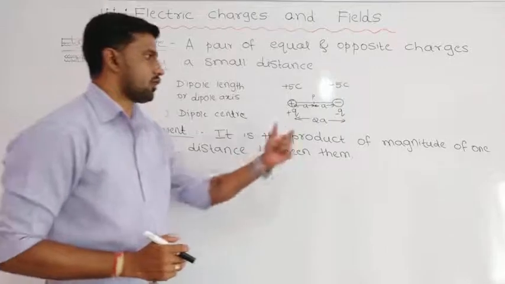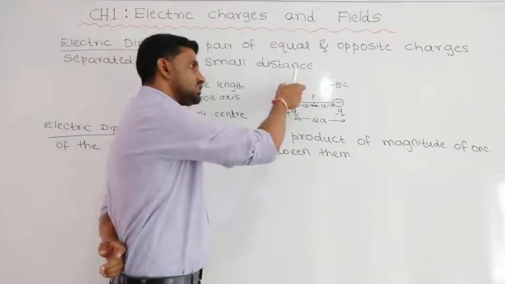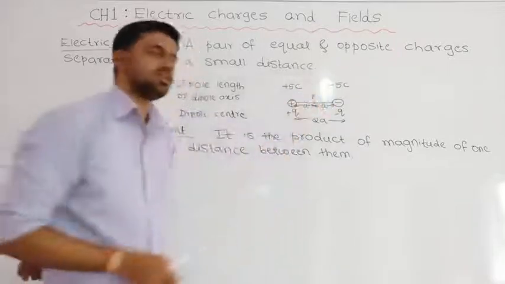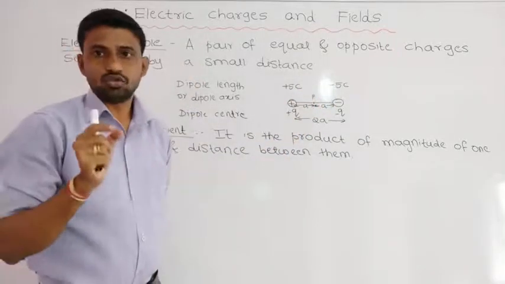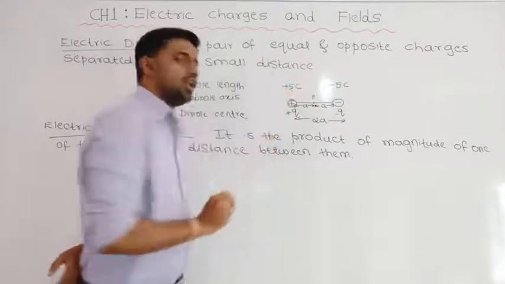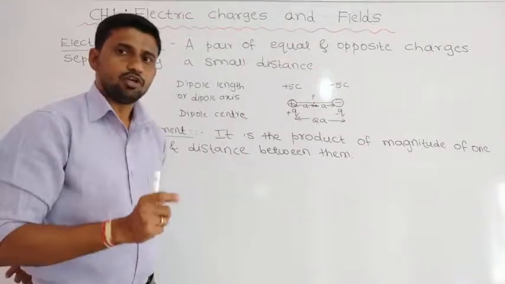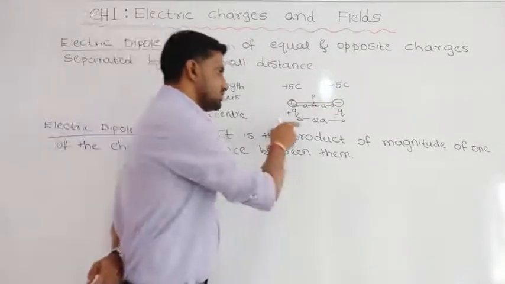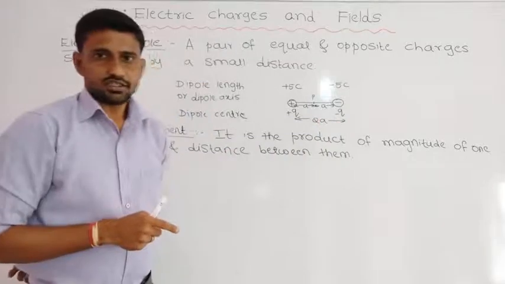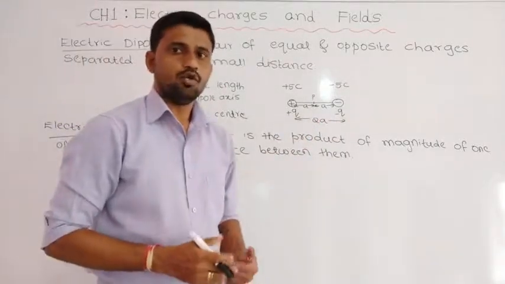The magnitude of one of the charges means, see here, suppose I take one charge as plus 5 coulomb, another charge is minus 5 coulomb, the magnitude I should take is only 5. I should take only the value of that charge. If I multiply that magnitude of the charge with the distance between the two charges, that is 2a, then I call it electric dipole moment.